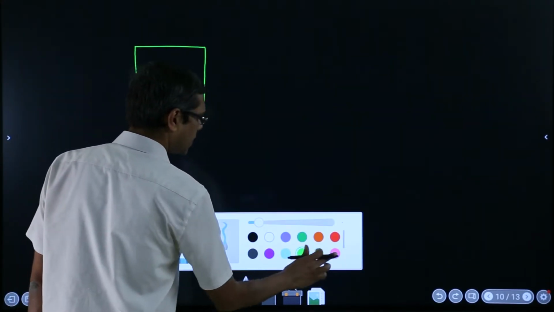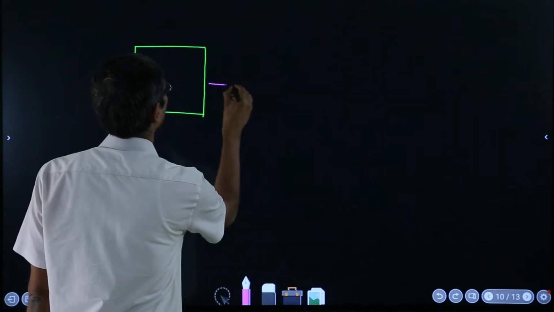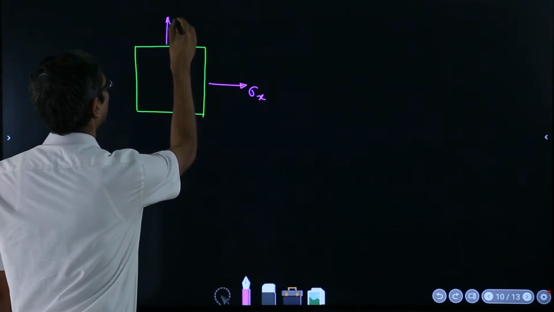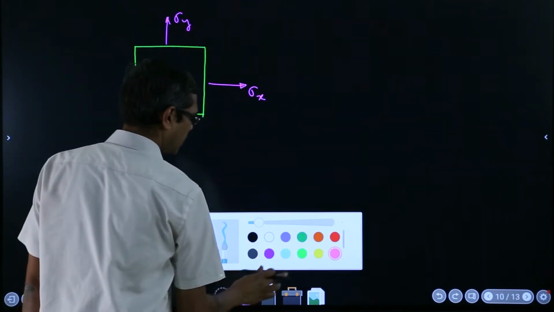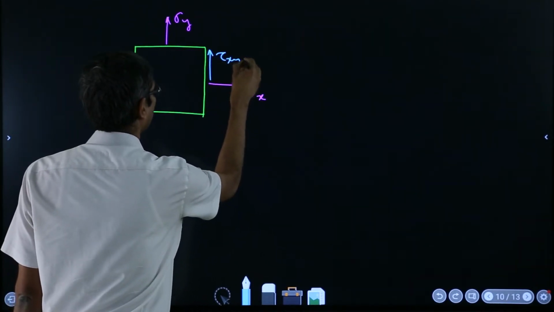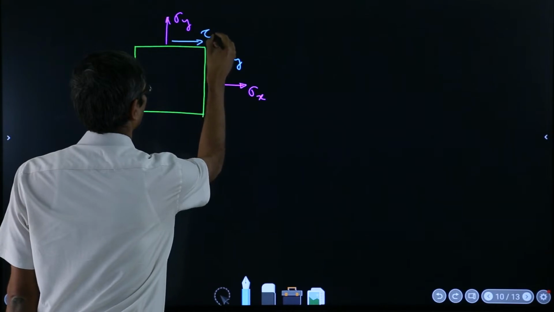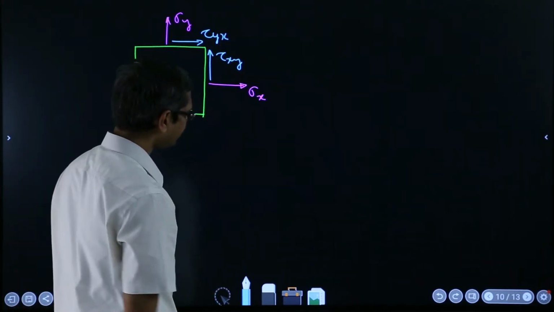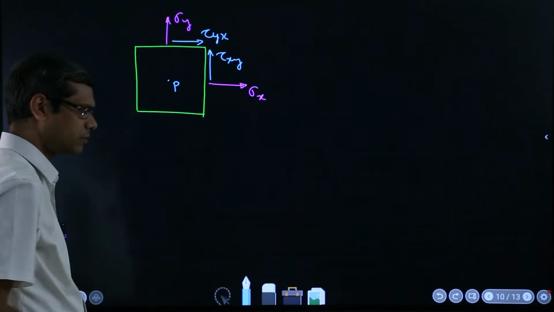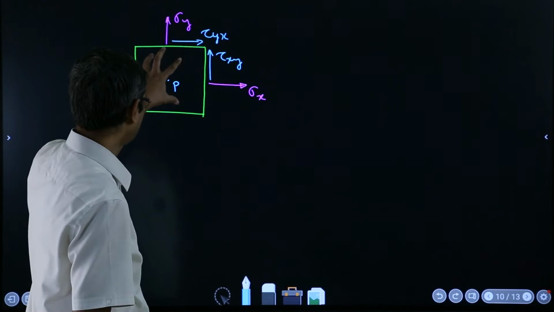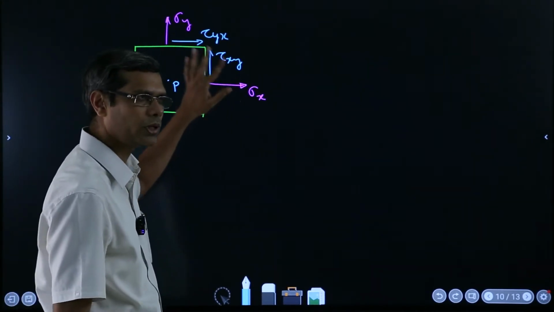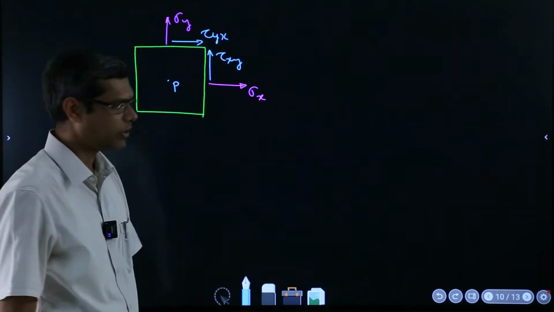On that we have defined our sigma x, sigma y, tau xy and tau yx. This is the point P. Always think that you have to shrink this to that point, so that the stress is defined at a point, though we always draw a square or a cube in 3D.